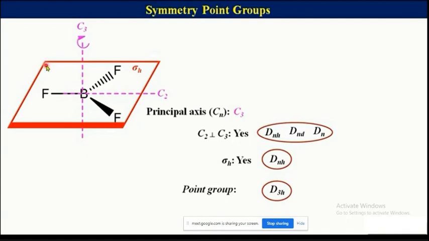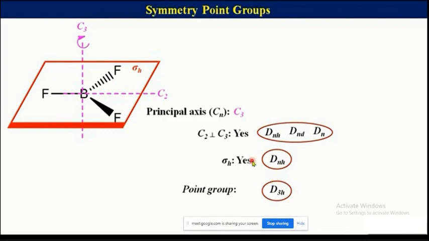You see this red one, I have drawn it. So sigma h is present, which contains the whole molecule. So basically the point group will be Dnh. And since C3 is present, the maximum value of n is taken here. That's why here it is D3h.